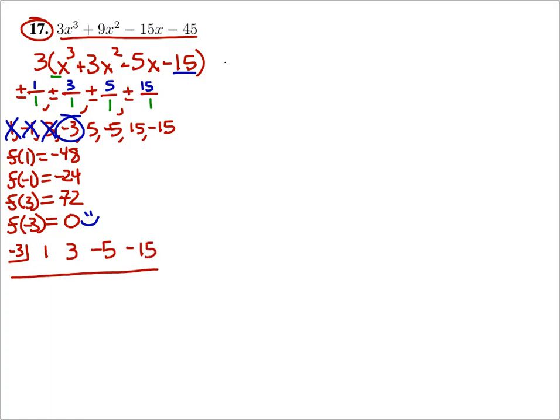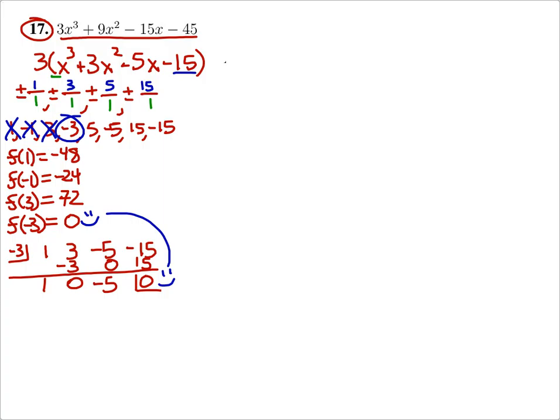Vroom. 1 goes down, multiplies by -3 to make -3, adds to make 0, times -3 is 0, adds to -5 to make -5, multiplies by -3 to be 15, 0 on the end again. This 0 on the end is kind of a confirmation. Happy face. You knew you should have it because you already had it once, but it's good to know.